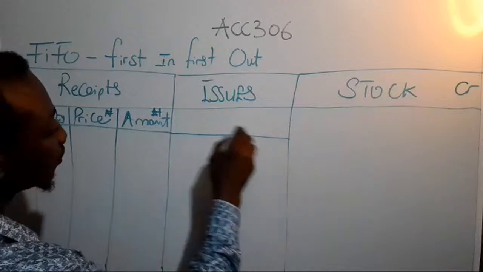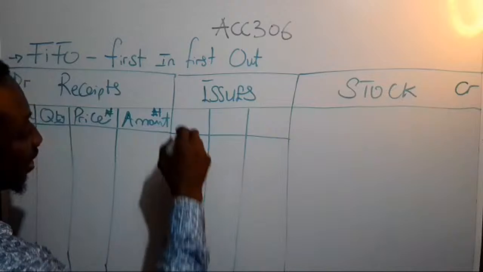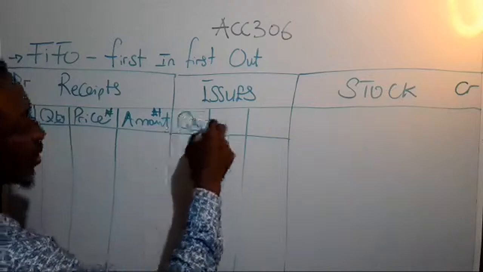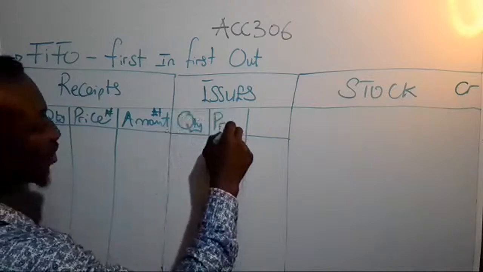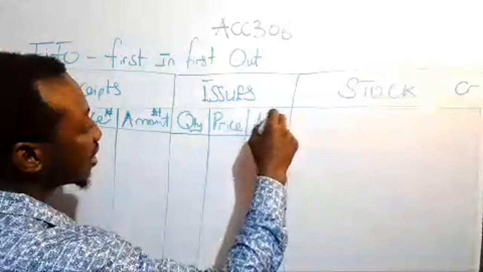So three columns: quantity, price, and amount. Don't forget we have our naira sign.